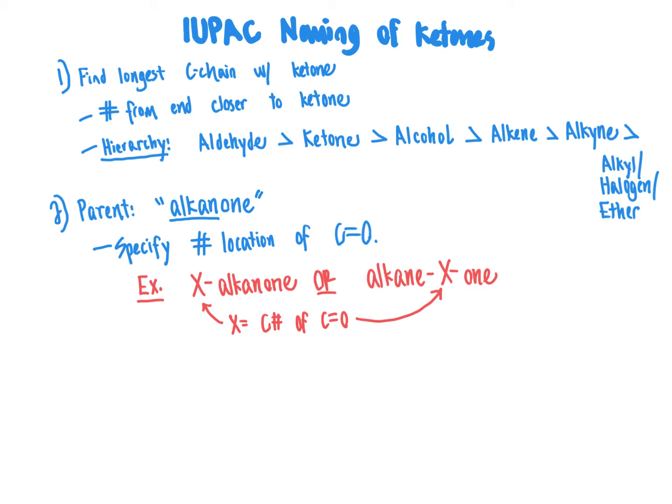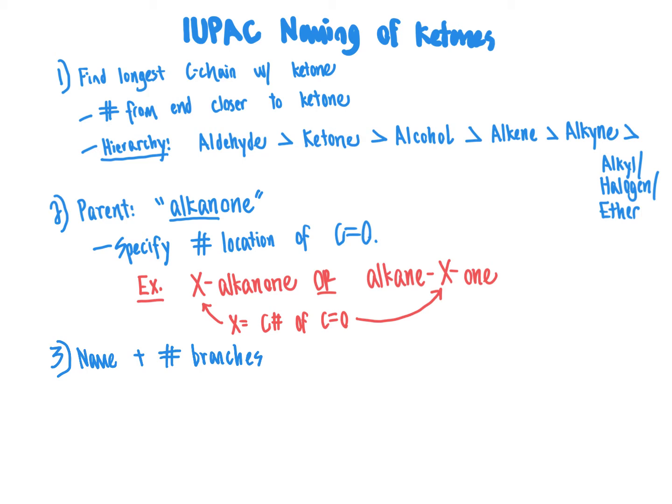Once you have specified the parent name and the location of that carbonyl group within the parent chain, the next step is to name and number the branches. This step follows exactly the same template that we looked at in prior videos, such as video 310, where we introduced nomenclature.